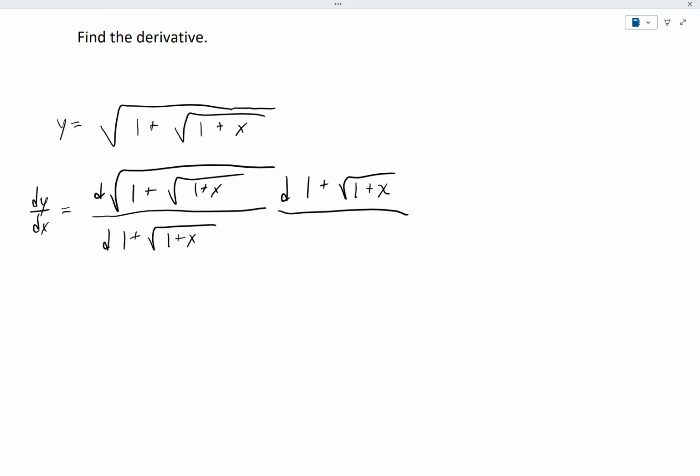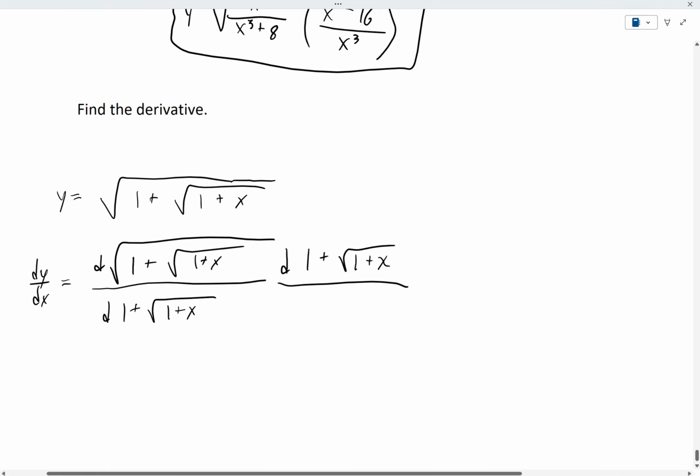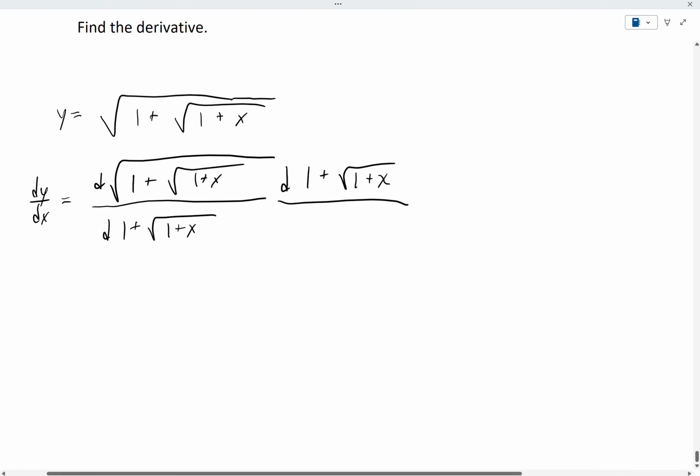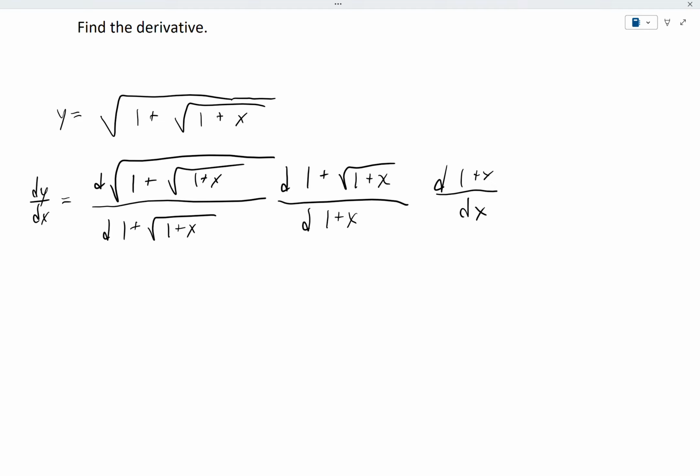Root of 1 plus x would also work, but that's an unnecessary step that will just make the chain longer. So you very easily could do the derivative of this with respect to root of 1 plus x, but we can skip just one step here and take the derivative of it with respect to 1 plus x, and the derivative of 1 plus x with respect to x, finally.